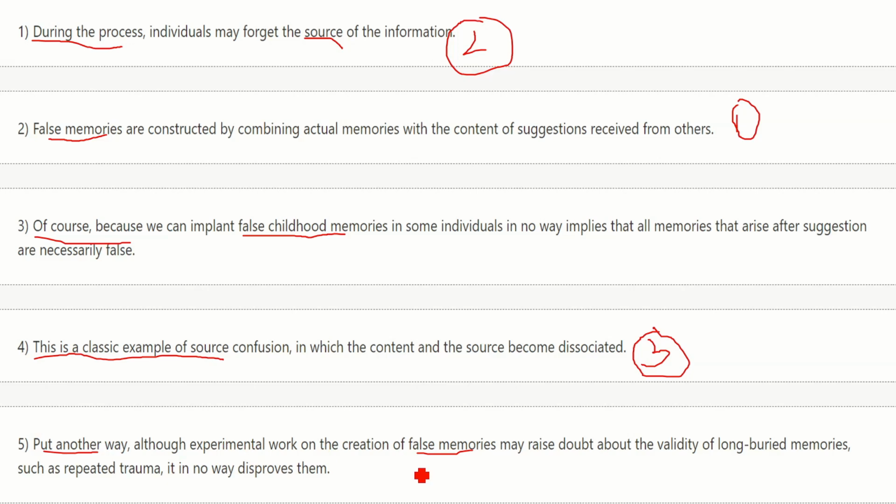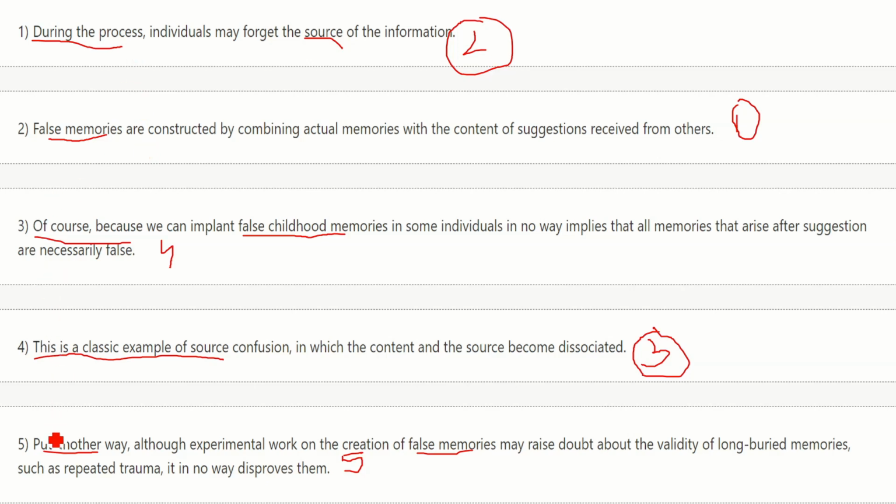It in no way disproves them. Now this is the first way and this is the put another way, although experimental work. So this is the fourth pairing and this is the fifth pairing. Means the correct sequence is second, first, fourth, third and fifth.